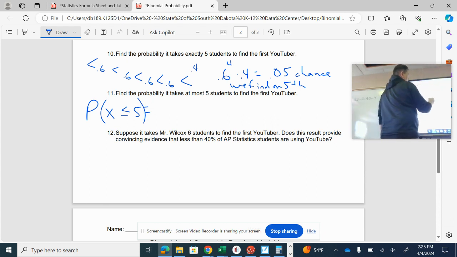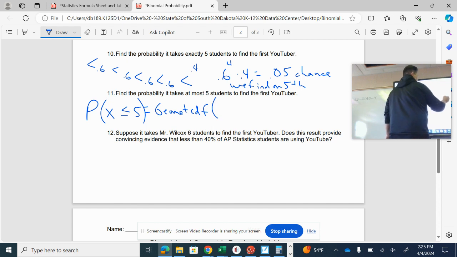All right, now this one, you can do it with a lot of formula, but I would do it as a geometric CDF. We could find it on the 1st to the 5th. I think actually the probability has to come first, so I'm going to have to squeeze that in there. Probability, lower, upper.